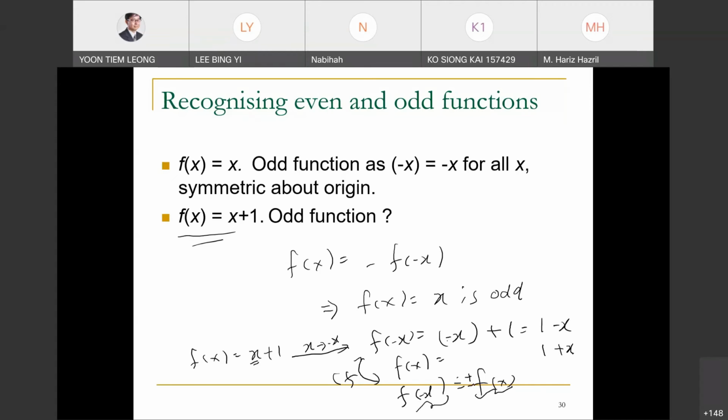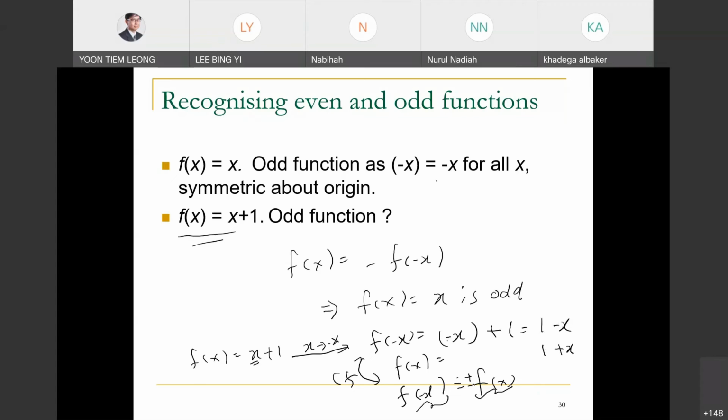Should it be negative or positive? Negative. So if you make this f of x negative, it becomes minus x minus 1. So you compare that with 1 minus x.